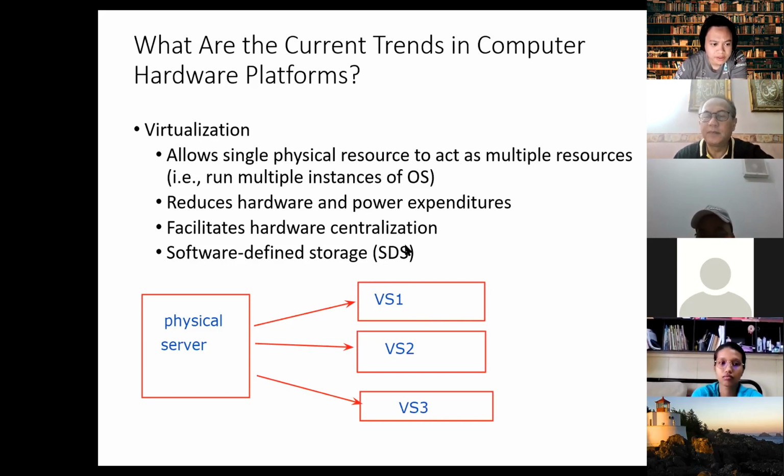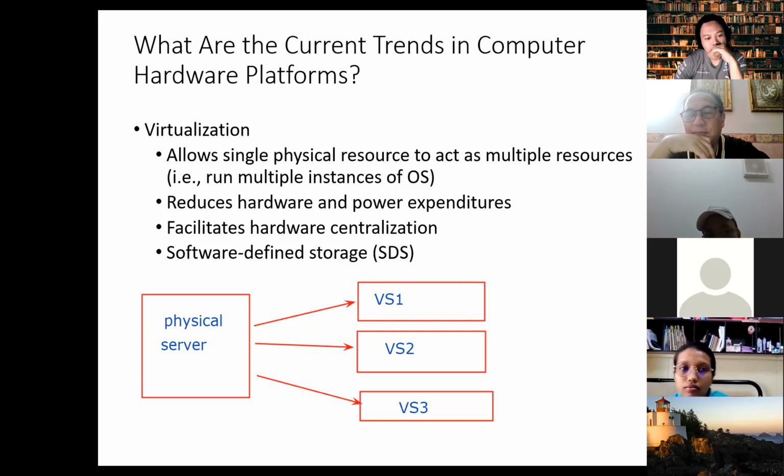How does this reduce the hardware and power expenditure, Doctor? Because they only have one hardware. Instead of having 3 hardwares or 4 or 5 or even 10 hardwares, they only have one. So if, in this diagram, they actually had 3 servers, every server would require its own power, and then of course the cost of the hardware.